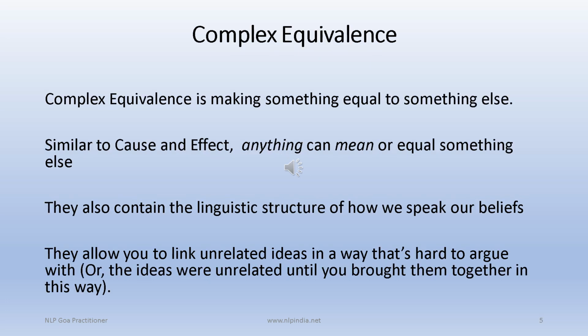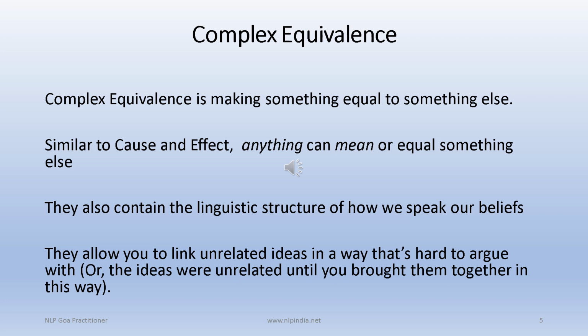Now let us look at complex equivalence. Complex equivalence is making something equal to something else, even though they can be completely different objects. It's similar to cause and effect. Anything can mean or equal something else. They also contain some of the linguistic structure of how we speak our beliefs.